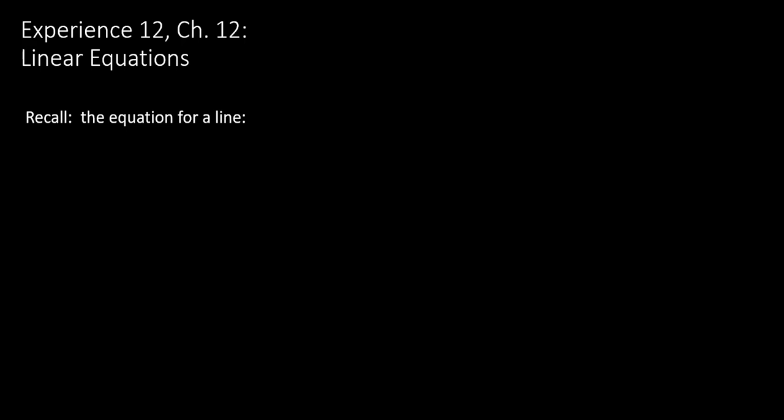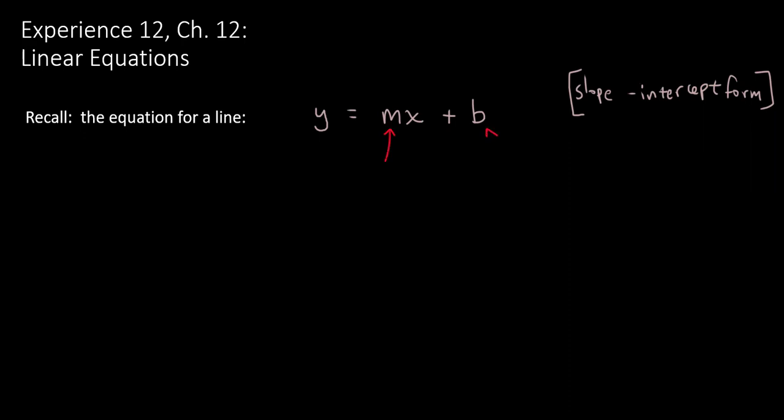Now, there's different ways to express this, but one of the most common ways is with y equals mx plus b. This is called the slope-intercept form of a line because the slope given by the number m is immediately available, and so is the intercept.